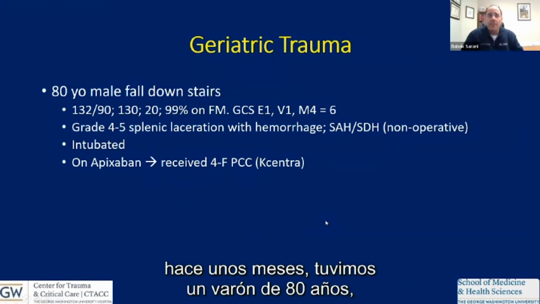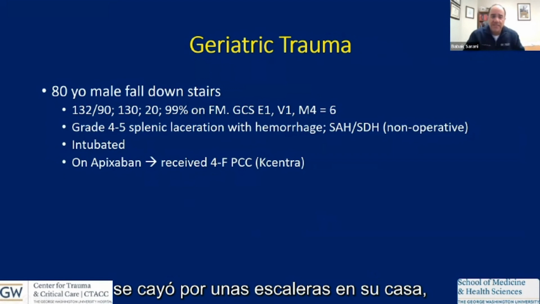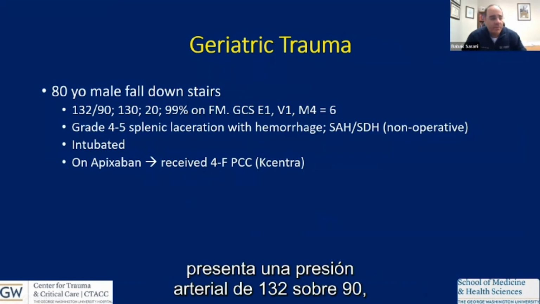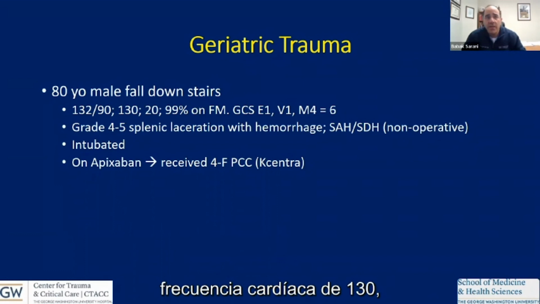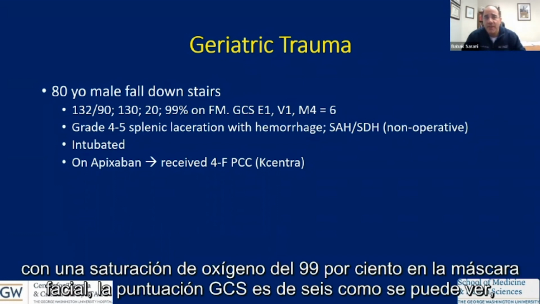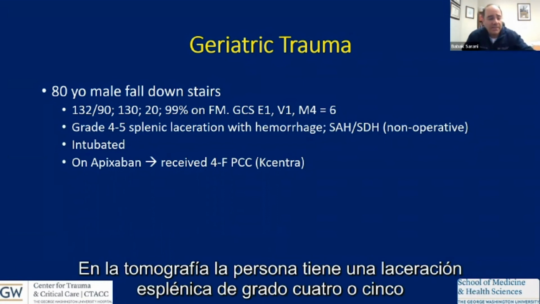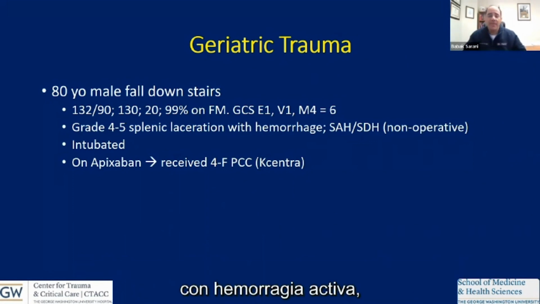More recently, about a few months ago, we had an 80-year-old male, fell down a number of stairs in his house, presents with a blood pressure 132/90, heart rate of 130, respiratory rate of 20, and about 99% oxygen saturation on face mask. GCS score is 6, as you can see. On CT scan, the person has a grade 4, maybe grade 5, splenic laceration with active bleeding.